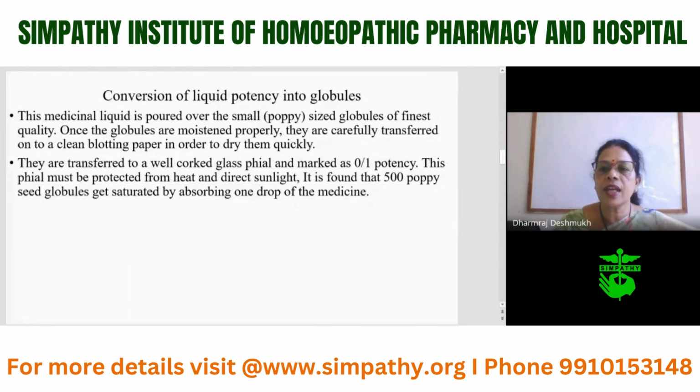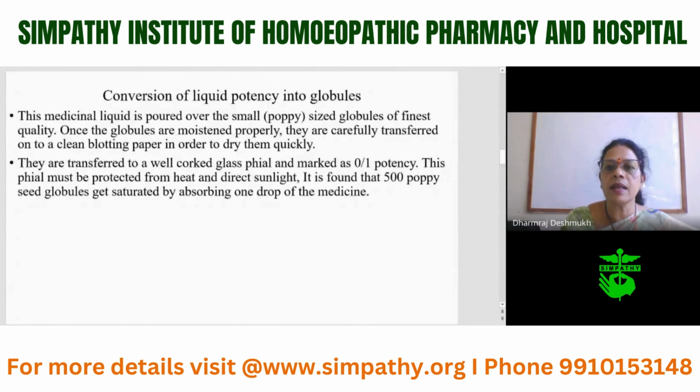Then how is this liquid converted into globule form? When we want to prepare another potency, it should first be converted into globule form. For this medicinal liquid, we have to take poppy seed globules. In common language, poppy seed is khaskhas. These are small tiny globules, approximately 65 milligrams or 500 in number.